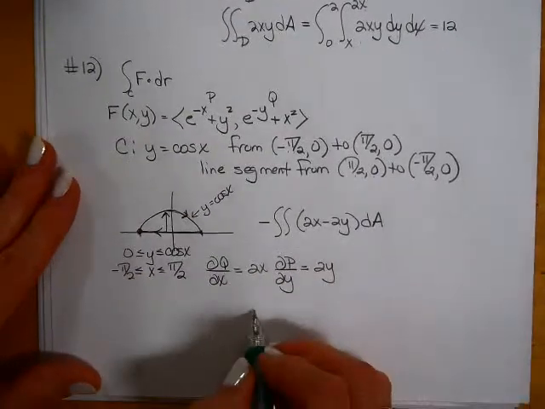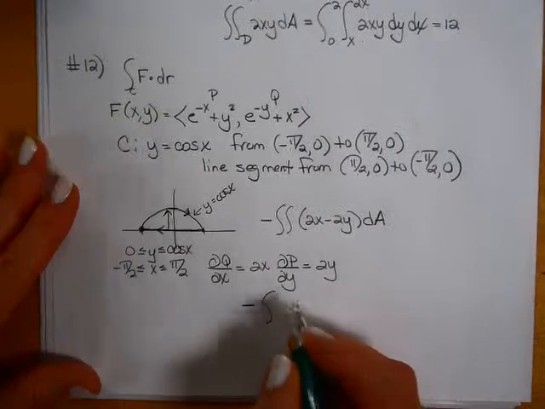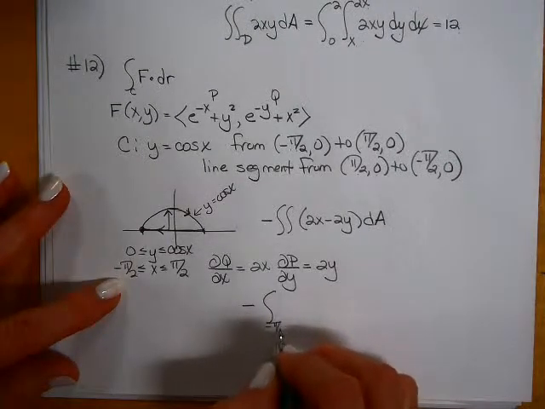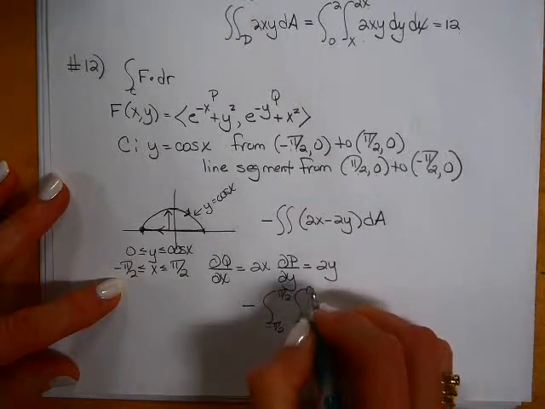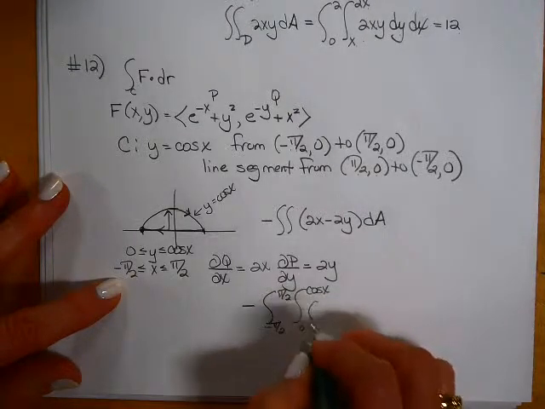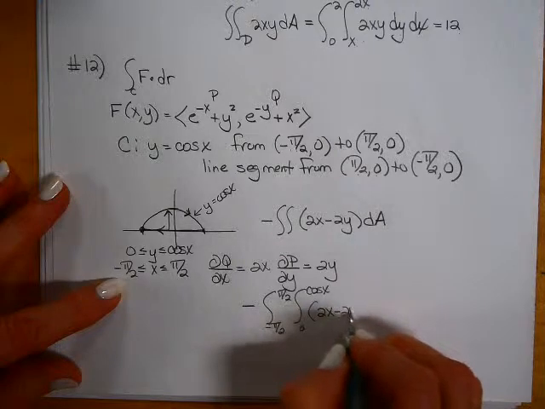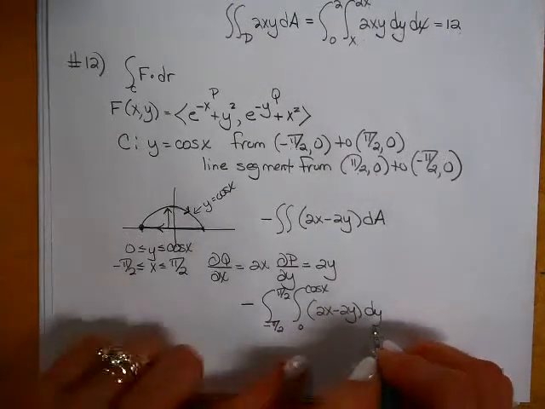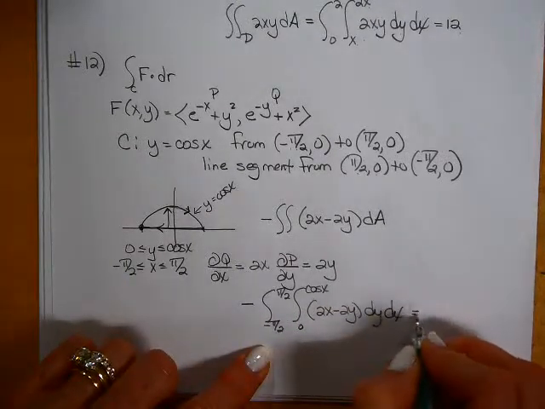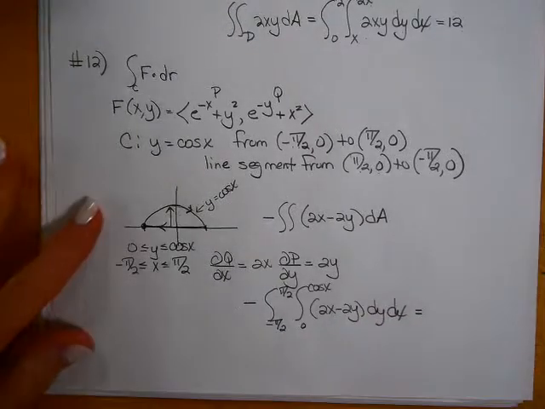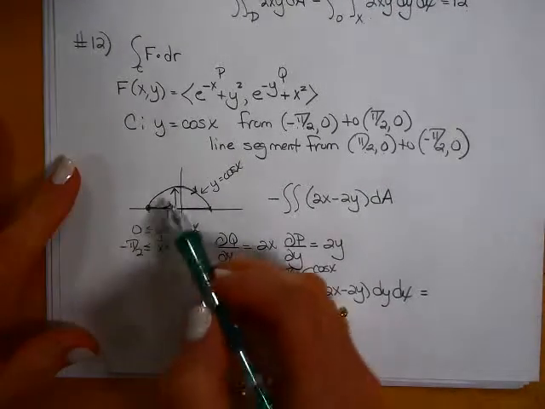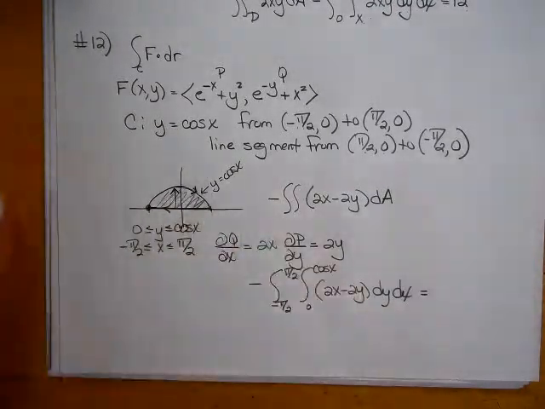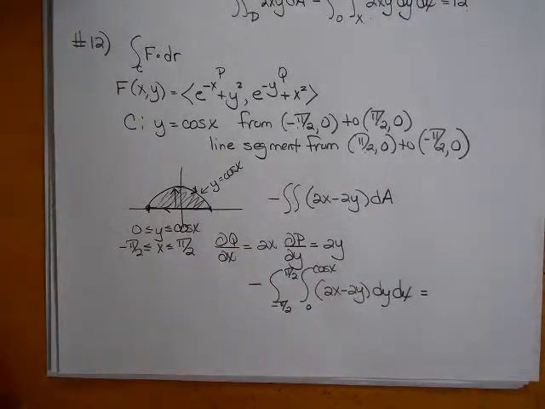So when I set up my integral, I put negative, and then negative pi over 2 to positive pi over 2, 0 to the cosine of x, 2x minus 2y. This is dy, and this is dx. And that would give you the value of that line integral, F dot dr, because the region is closed, and we changed it and used Green's theorem.